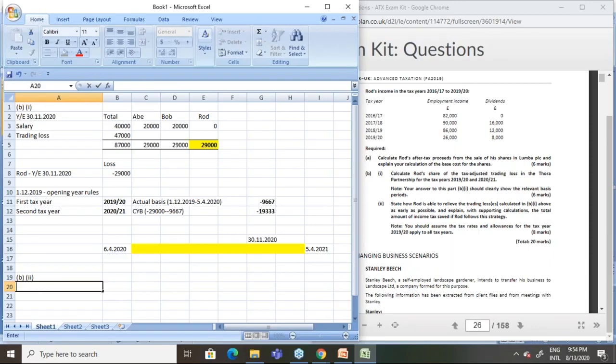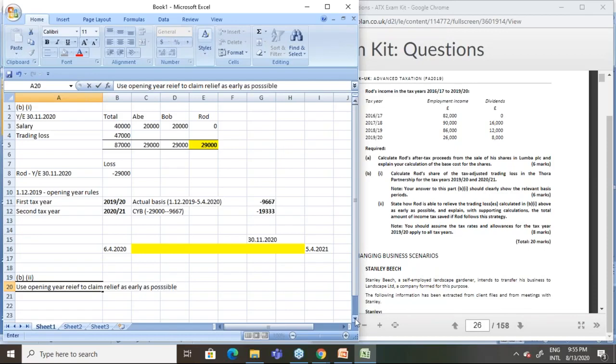We shouldn't say the most beneficial. The requirement is the relief that you can claim as early as possible. Use opening year relief to claim relief as early as possible.